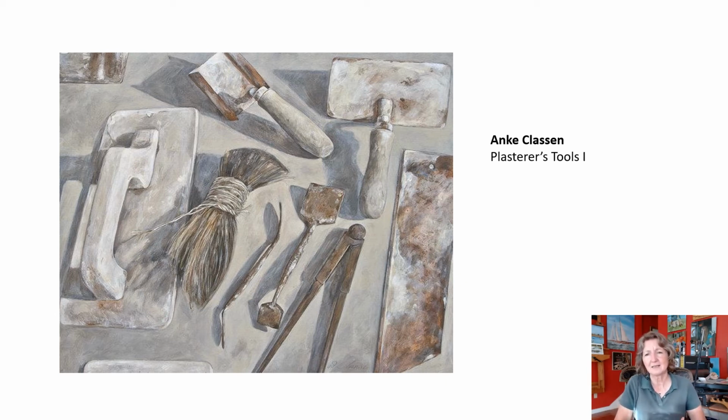So meaning can also mean just a unity of subject, a unity of theme. In this particular case, the plasterer's tools. It doesn't necessarily have to have a deeper sort of symbolic meaning other than that.